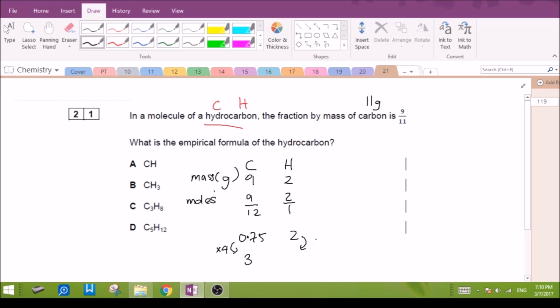And for this side, I have to also multiply by 4, giving us 8. So in other words, for every 3 carbons, we will have 8 hydrogen. So that's the empirical formula for this hydrocarbon.